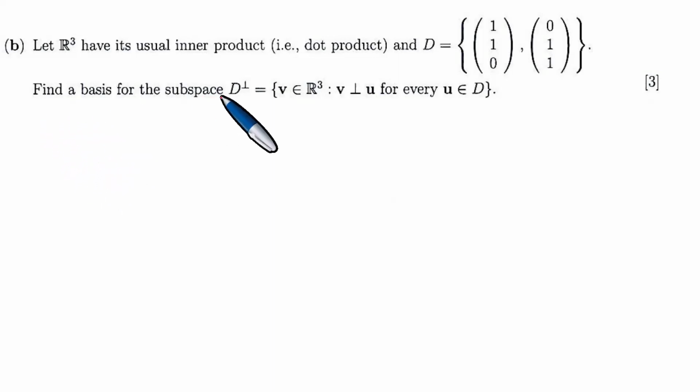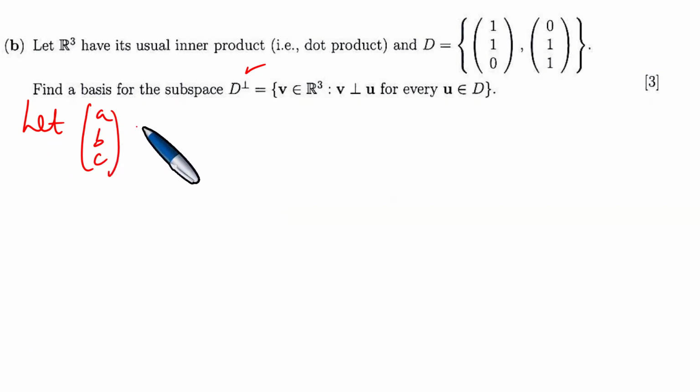Now, to find the basis for D-perp, because D we already know, but we don't know D-perp, what we do is the following. We consider some vector, and we can give it a name, A, B, C, and let this vector be an element of D-perp, like this.